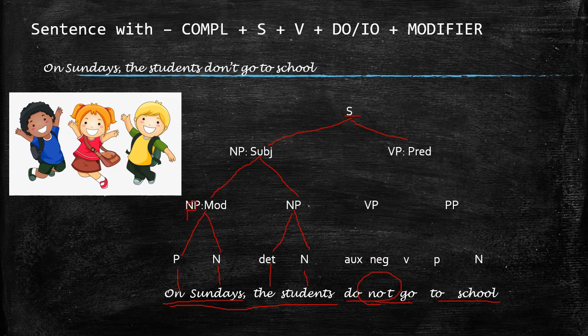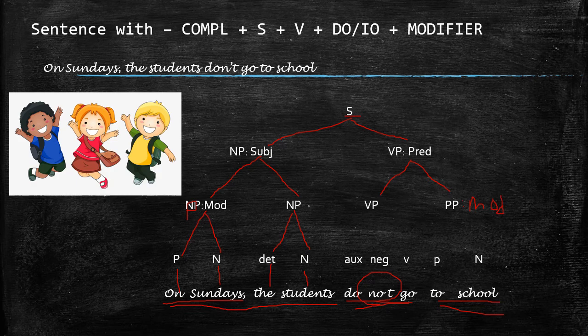Okay, and then after that we have verb phrase as a predicate. In the verb phrase we have two phrases, "do not go" and "to school". "Do not go" is a verb phrase and "to school" is a prepositional phrase. In here PP as a modifier, or mod, like that.